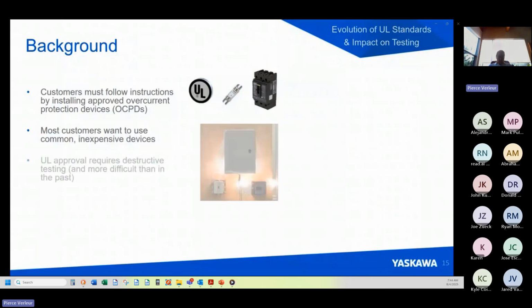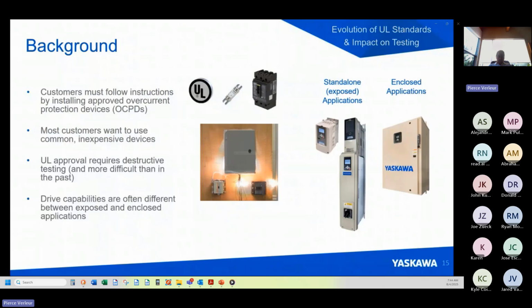We all want to do that, right? But UL, in contrast, requires us and other drive manufacturers to do destructive testing, and this testing has become more difficult in the past. And so the result is often different between drives that are exposed and drives that are enclosed. And I'll talk about why.